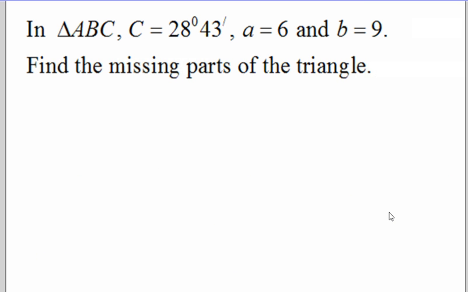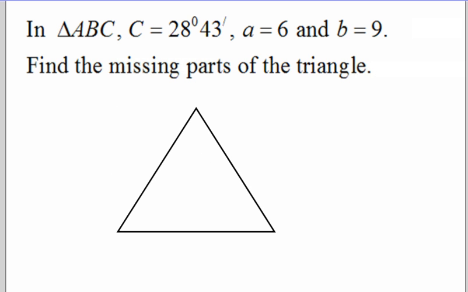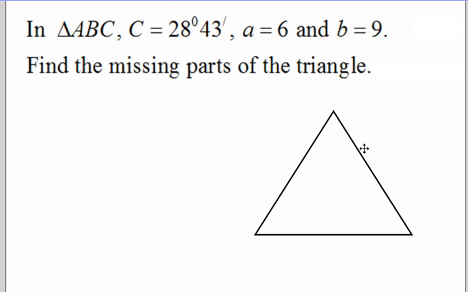This time we get an angle and two sides. So once again, you guys, I always suggest just start out, draw a generic triangle. Let's call this angle C right here, 28 degrees, 43 minutes.